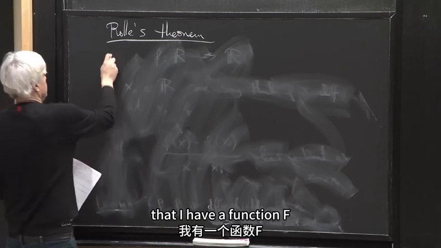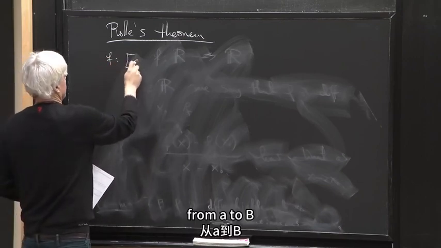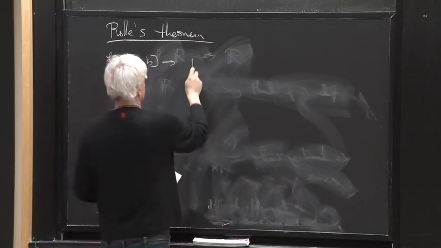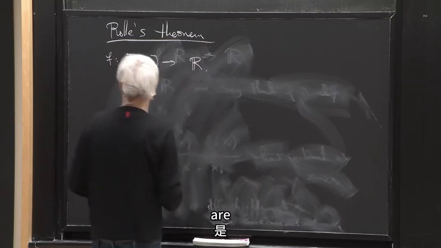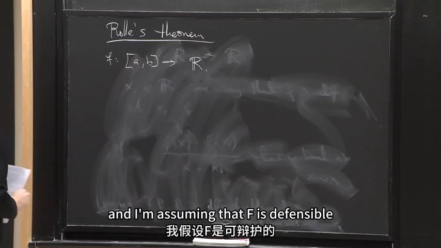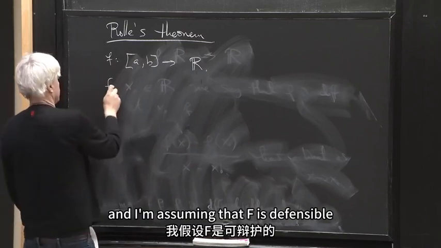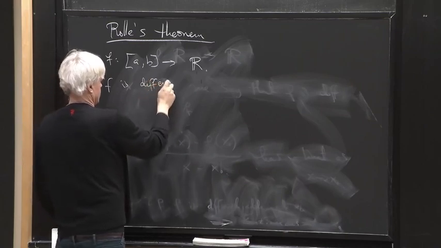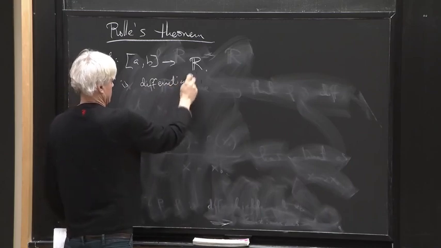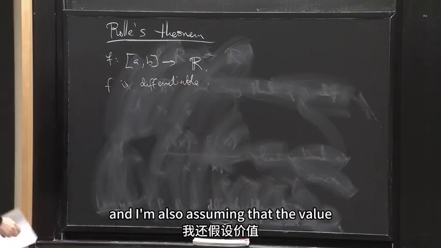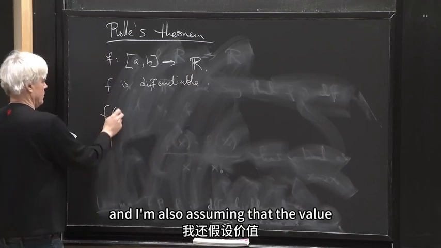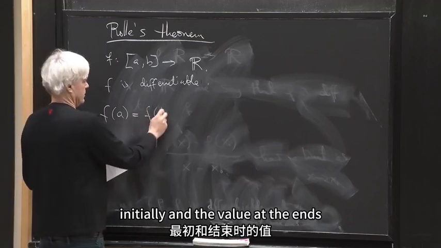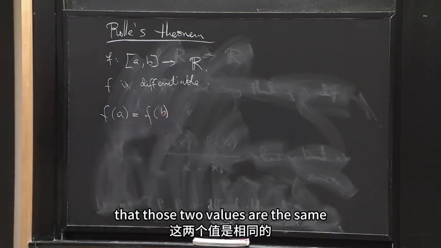That I have a function f from a to b into R, and I'm assuming that f is differentiable. And I'm also assuming that the value initially and the value at the end, that those two values are the same.